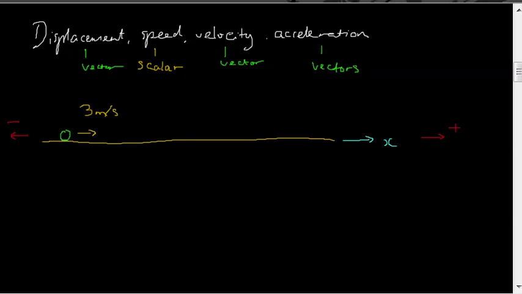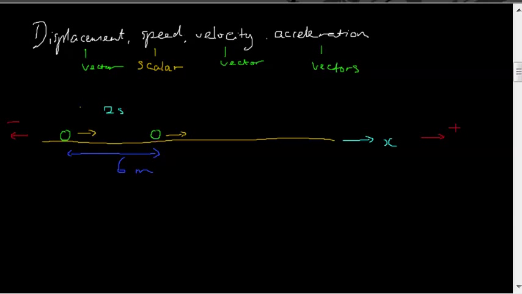Actually, let's do it this way. Suppose that this ball arrives at this position after some time, let's say 2 seconds, and suppose that the distance between these two positions is 6 meters.